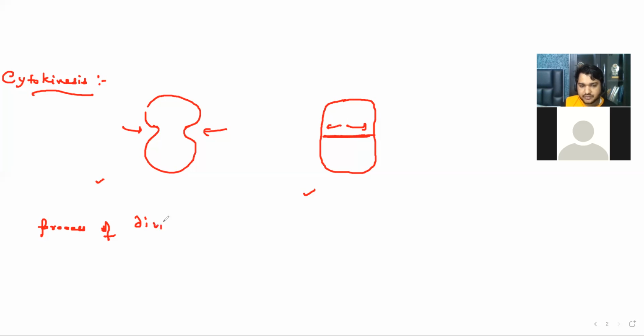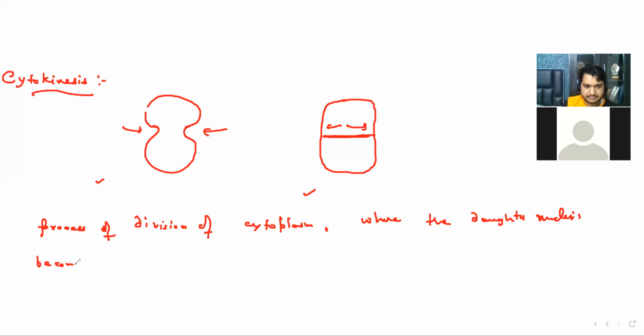Cytokinesis is the process of division of the cytoplasm, where the two daughter nuclei become separated into two daughter cells.